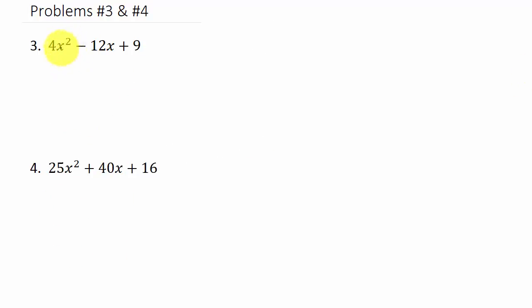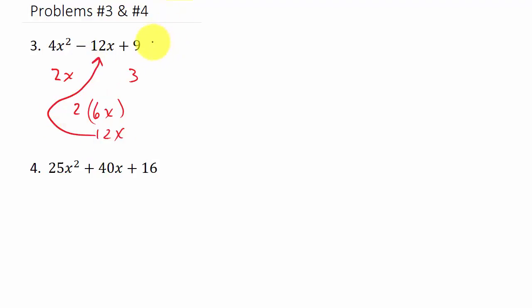Alright, so let's look at the first term. The square root of 4x squared is 2x. Square root of 9 is 3. Multiply them together, that is 6x. Multiply that times 2, that gives us 12x. That is our middle term.